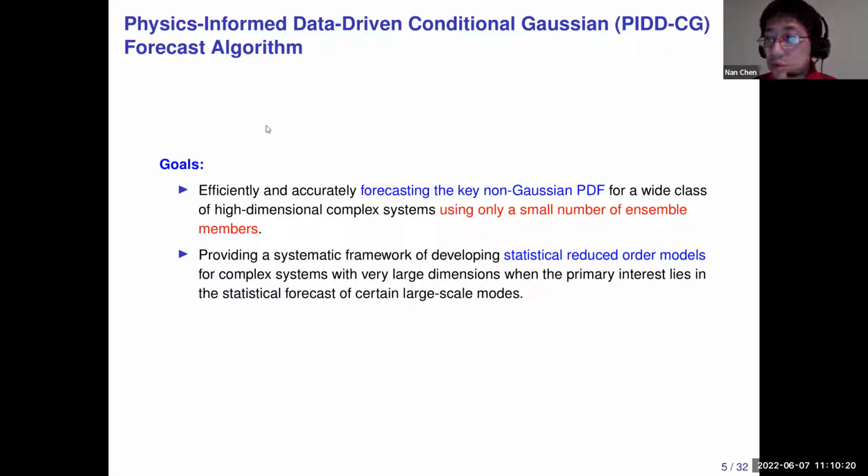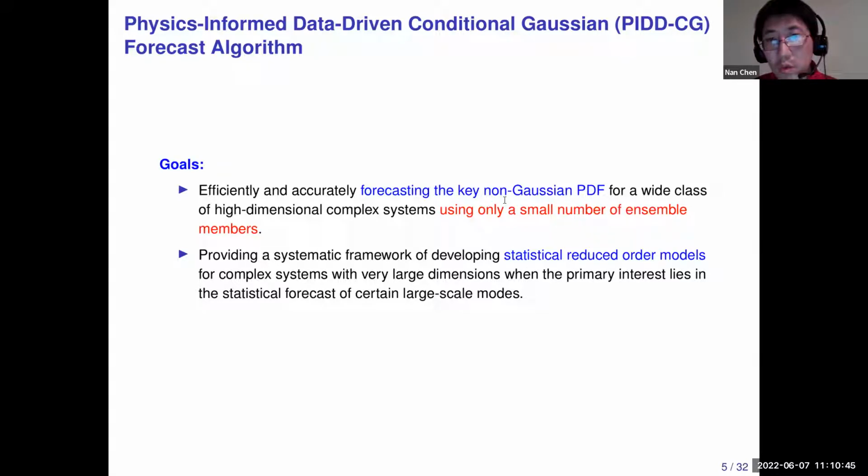Now I want to introduce this new physics-informed data-driven conditional Gaussian forecast algorithm. Keep in mind, we have two goals. The first goal is to efficiently and accurately forecast the key non-Gaussian distributions, at least for a wide class of high-dimensional turbulent systems, using only a small number of ensemble members.